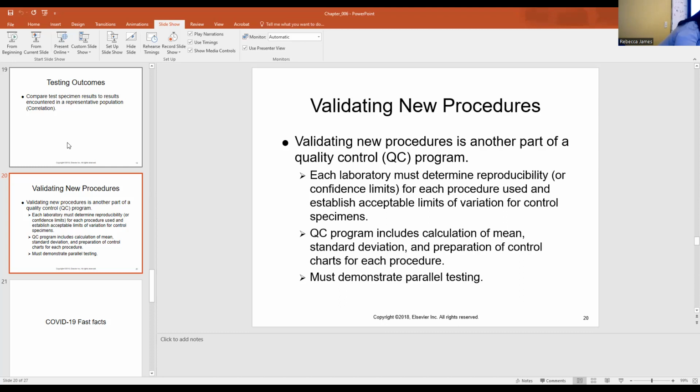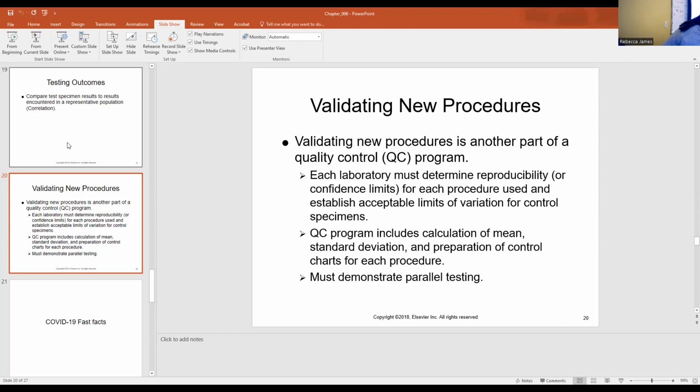Validating new procedures. So the QC program also determines how new procedures are validated before being included as one of the methods routinely used by the lab. Each lab must determine the confidence limits or reproducibility for each procedure used and establish acceptable limits of variation for control specimens.